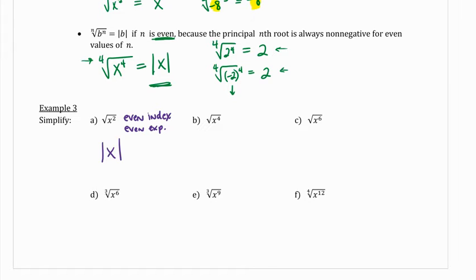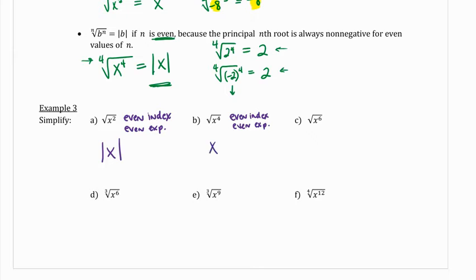Okay, the next one, we have the square root of x to the fourth power, right? So this time again, we've got an even index, and we've got an even exponent. But this time when I do the square root of x to the fourth, I'm looking for what times itself makes x to the fourth.